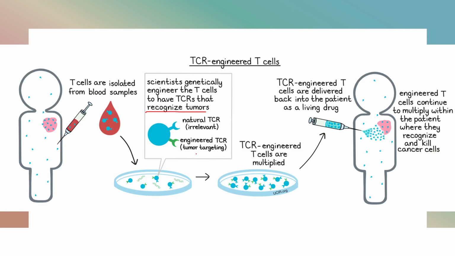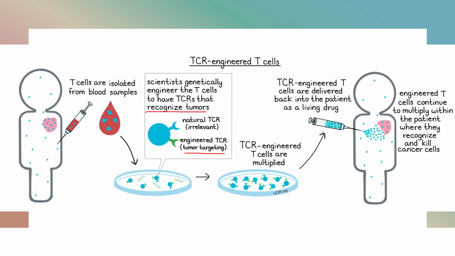Now you can understand why we are doing this T cell engineering. Some T cells are present which cannot recognize the tumor cells. That's why their activation or function is specifically low. So scientists genetically engineer the T cells for tumor targeting. They specifically target the tumors, and these engineered T cells are multiplied using a cell culture system.